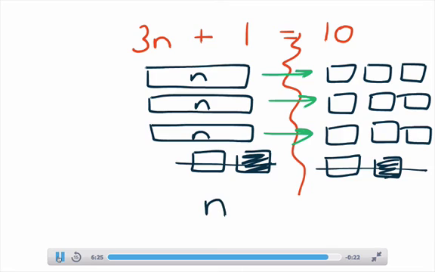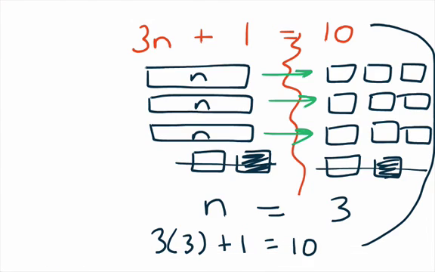So 1n, which is what we're trying to figure out, is 3, or 3 positive tiles. Let's verify and check. 3 times 3 plus 1 is 10. Yes, that's what we had originally, so we found our answer. This is how to use algebra tiles to solve algebraic equations.